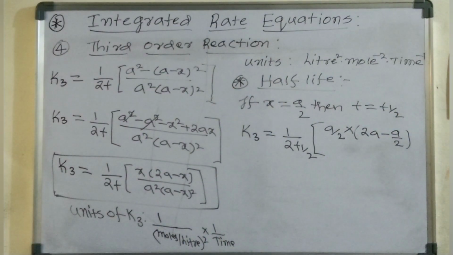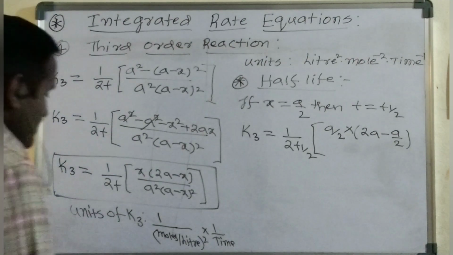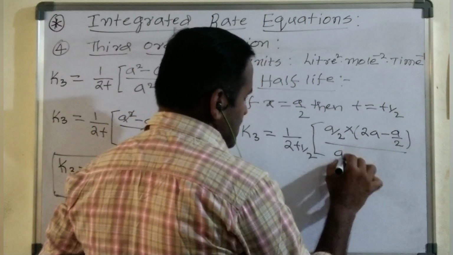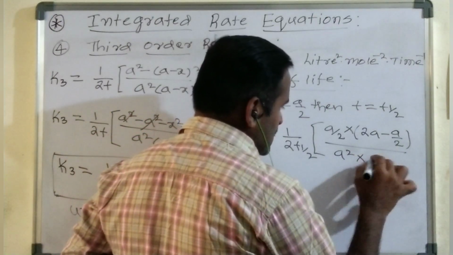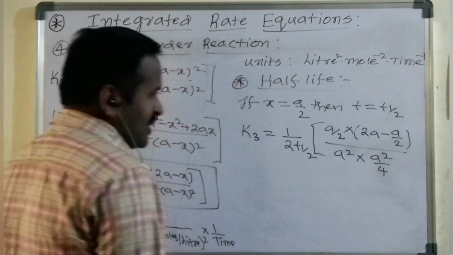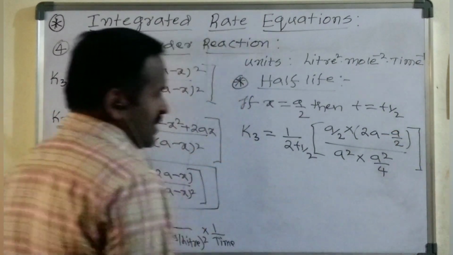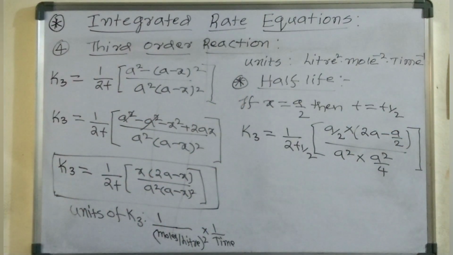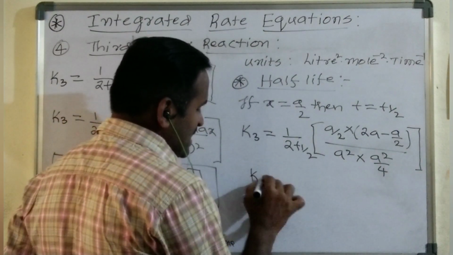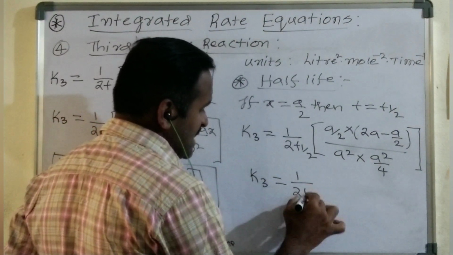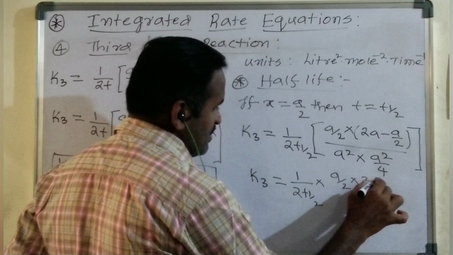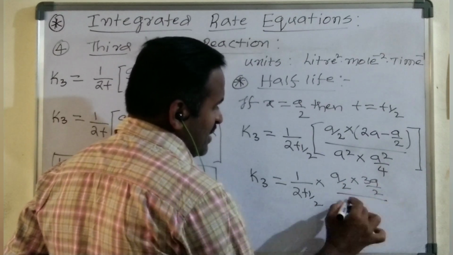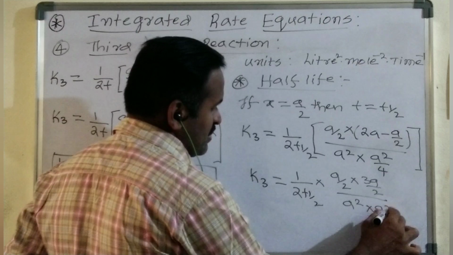Divided by a squared into a squared by 4. This is a simple one: 4a by 2 gives 3a by 2. So k3 is equal to 1 by 2 t half, and after simplification, a by 2 into 3a by 2 divided by a squared into a squared by 4.